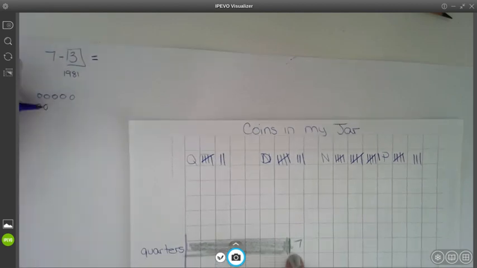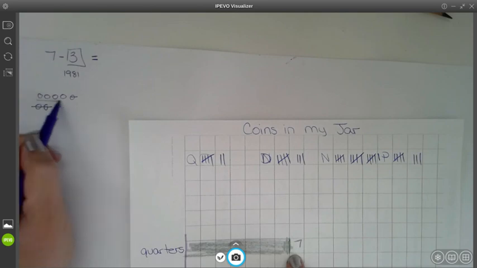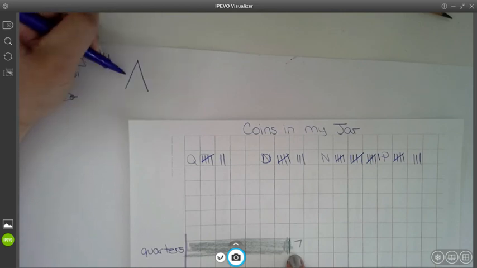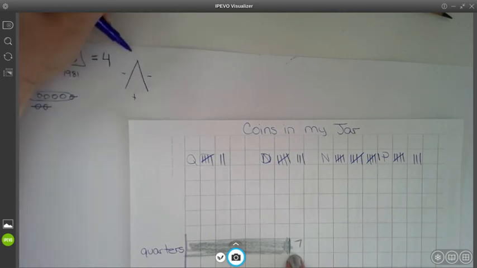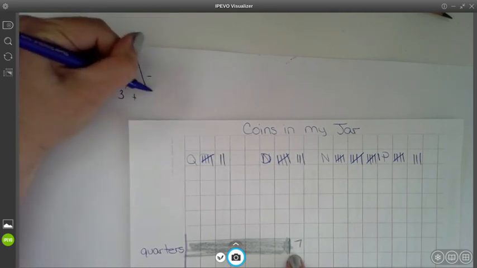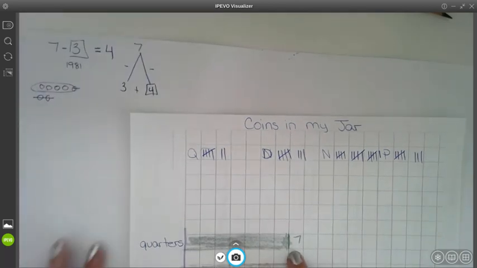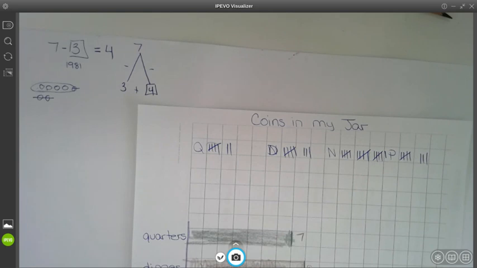Take away the ones that were made in 1981, 1, 2, 3, to find the number that were made in other years. 4. You can also represent that, as you know I love to do, on my Math Mountain: 7, take away 3 gives you that missing addend, that missing partner. So that's one way to read this information.